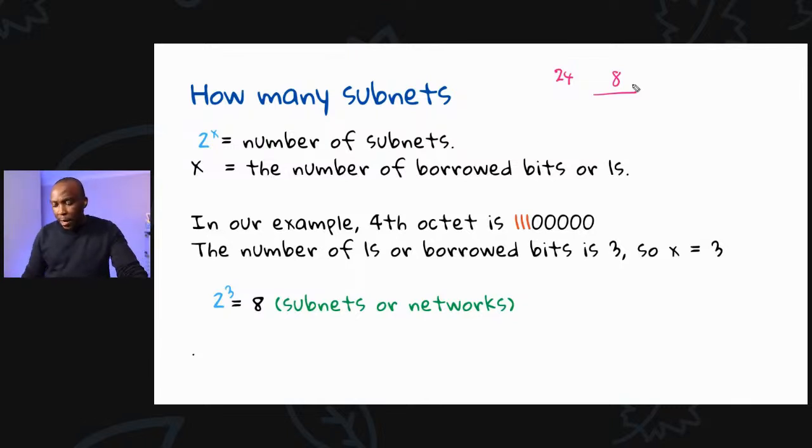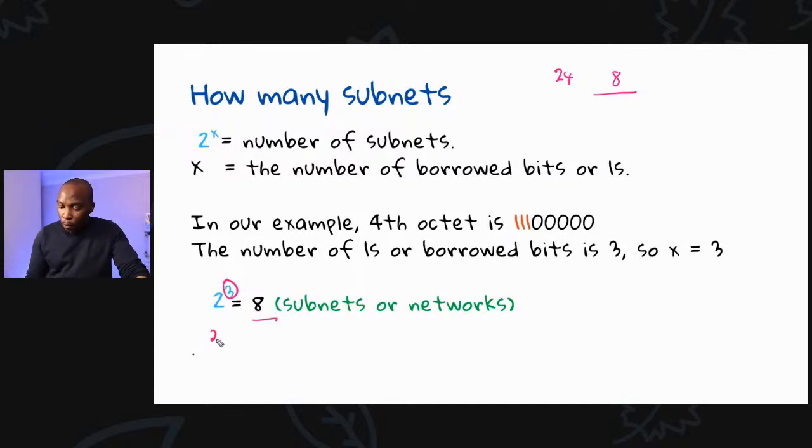So in our example, the 4th octet is 111.000.00, and the number of ones, or borrowed bits, is 3. So x is equal to 3, and 2 to the power 3 is equal to 8. Which means that if we borrow 3 bits, we create 8 networks.